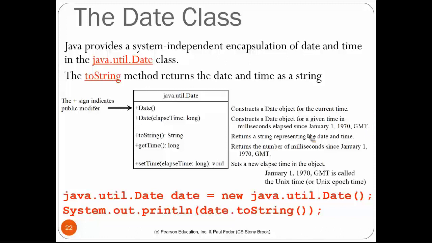And you can basically get that Unix epoch time and print that either as a string, which actually will print for that specific date, for the date that we are creating, what is the date, month, day, year, and time. But you can also get that long value. You can get the elapsed time. getTime will return that long value, which is the number of milliseconds from the Unix epoch time.